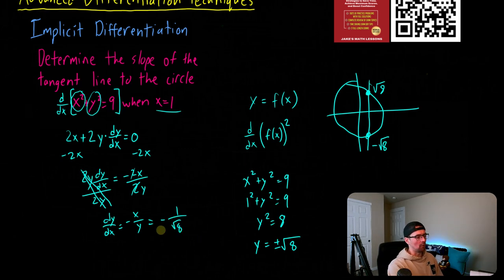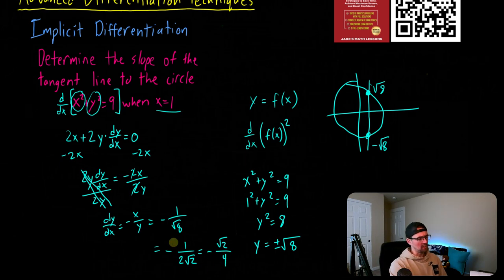Then if we wanted to, we could rationalize this fraction and simplify the root 8. Basically that would be minus 1 over 2 root 2. And then we could multiply the top and bottom by root 2, giving us negative root 2 over 4.